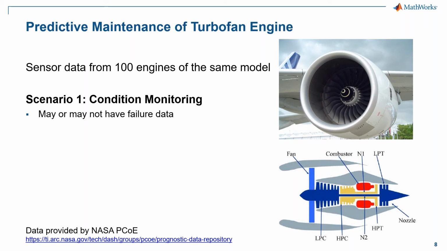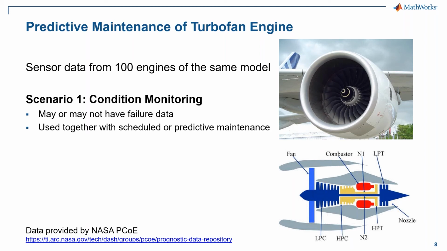And in our particular scenario, we may or may not have failure data. Oftentimes these systems are designed not to fail, or we really don't want them to fail. So we may just not even have failure data available to us in the first place. So what can we do to deal with that? Right. This is often going to be used together with an existing maintenance scheme.